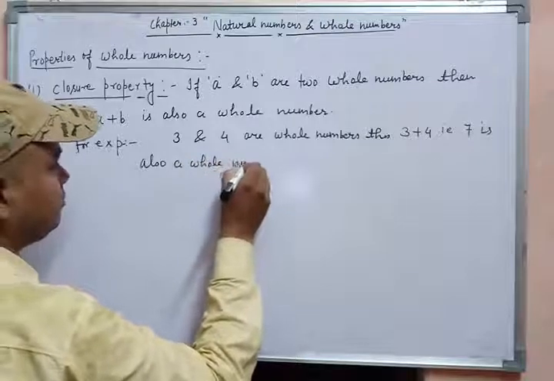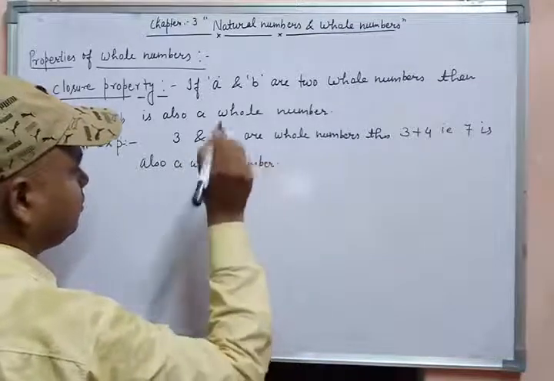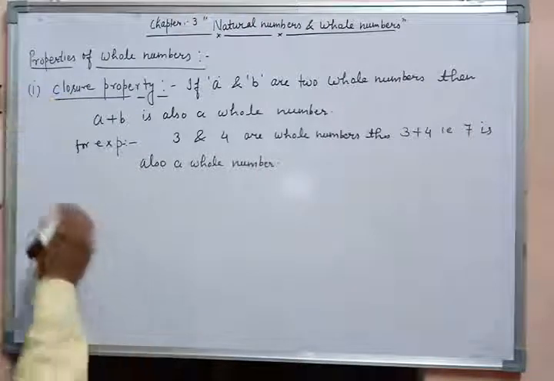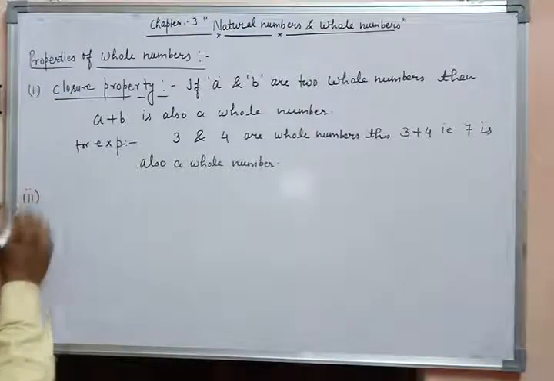Okay, so this is the closure property. Now we have to move on to the second property.